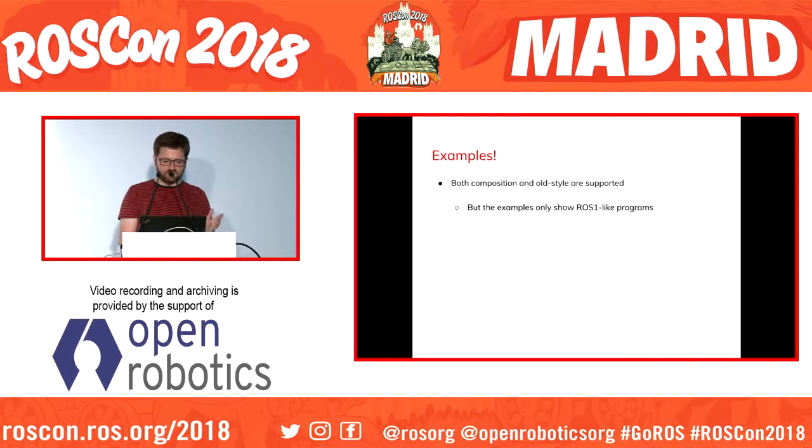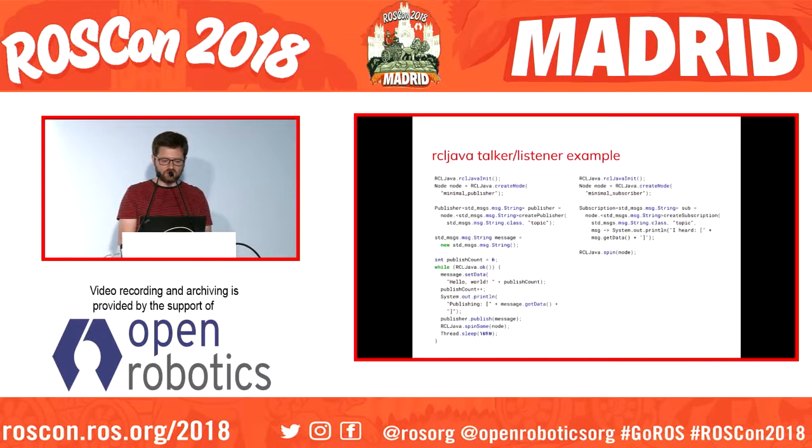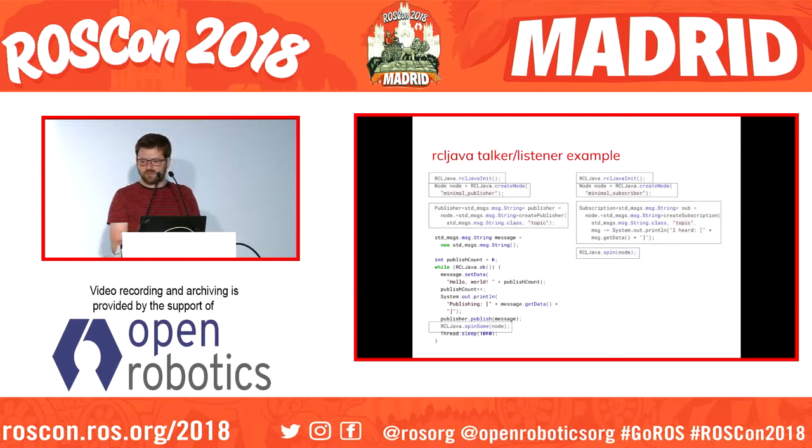I'm going to show a few examples. I'm going to go pretty quick. I chose to present the examples similarly to ROS1, but composition is also supported in the bindings. They have the same structure. We initialize ROS2. We create a node. We create an entity, a publisher and subscription. And we just let the event loop take control.